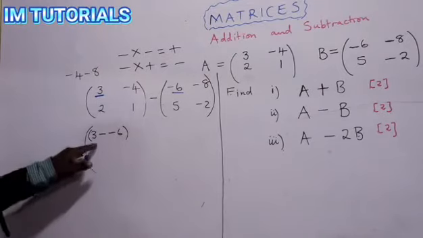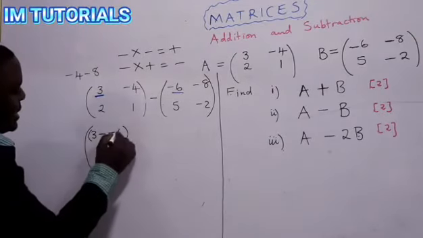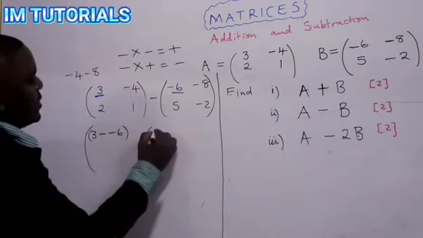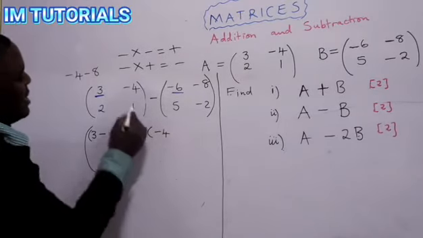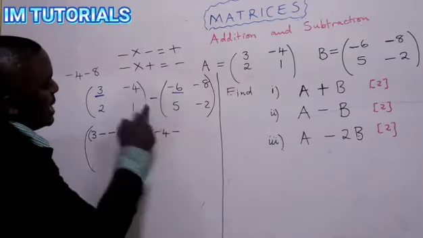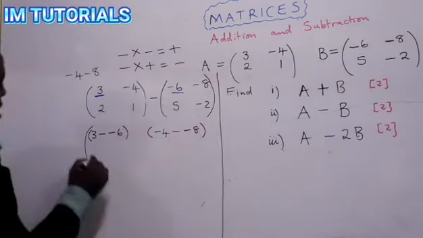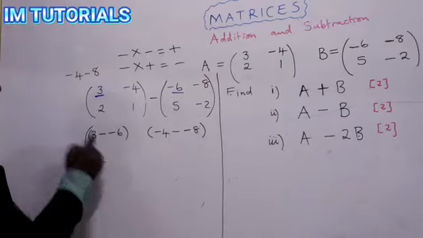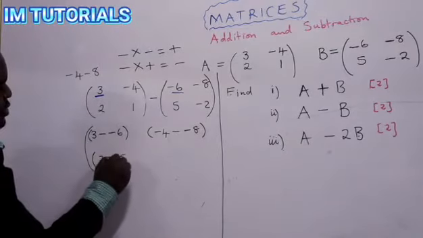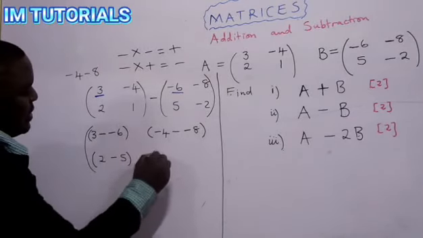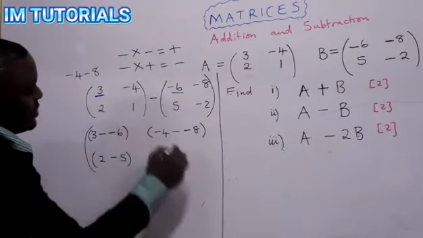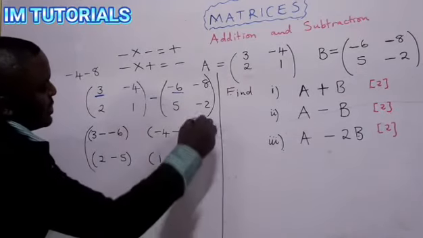So you are going to obtain 3 minus 6, right? Then you move on to top right, minus 4, minus here in between the brackets, and negative 8. Then you move on to the bottom row, we have 2 minus 5. Then we have 1 minus in between the brackets and minus 2 like this.